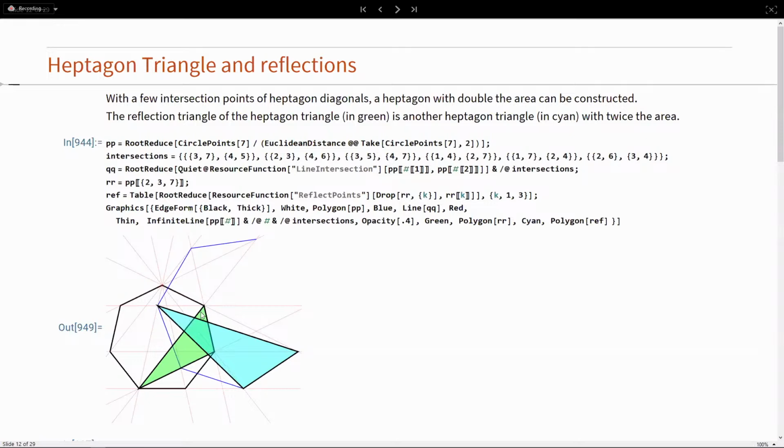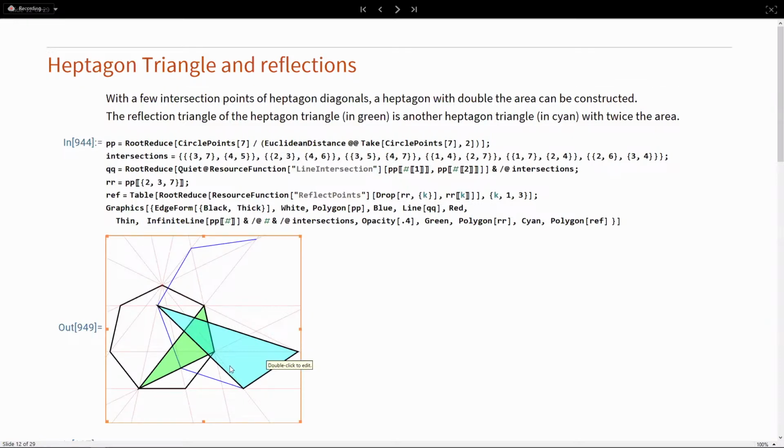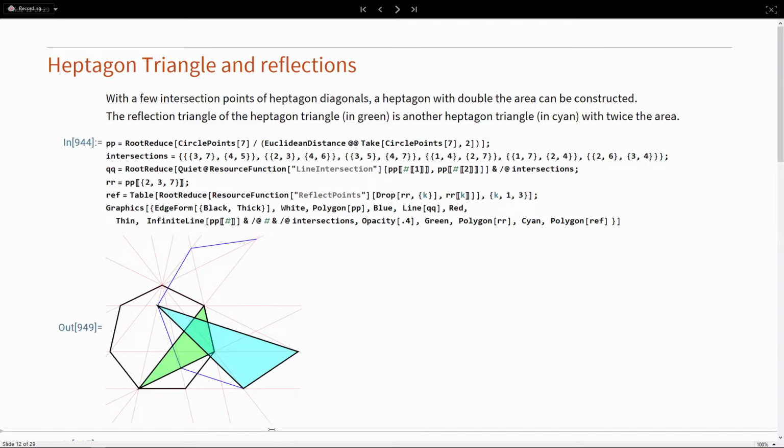Well, it turns out if you reflect each vertex on the opposite edge, for example, in green here, you get this point here. From this point, when you reflect on this edge, you get this point here. And when you reflect this edge on that edge, you get this point here.